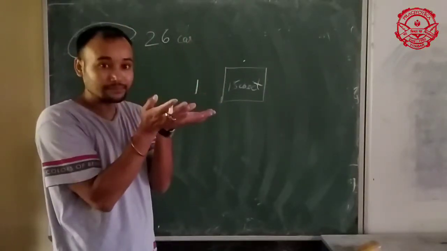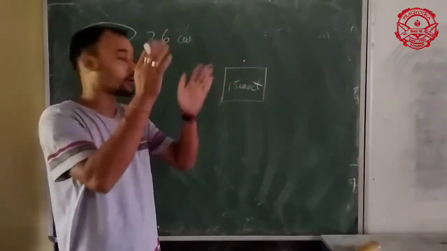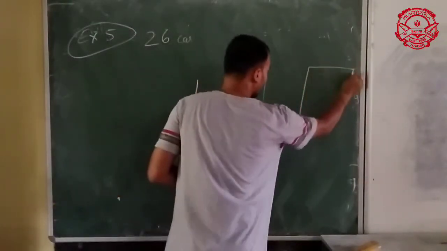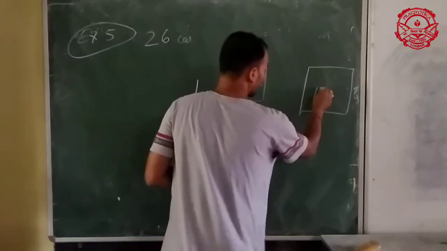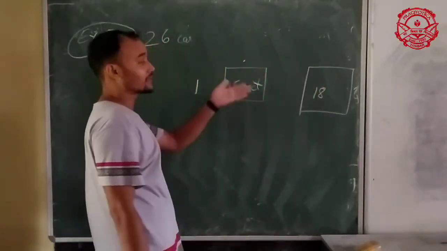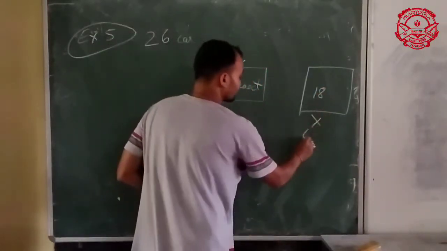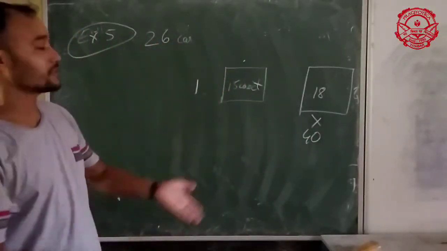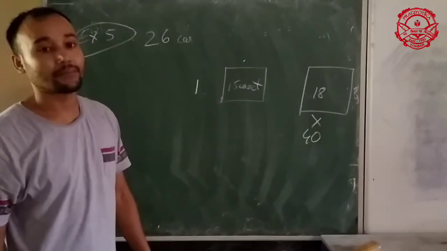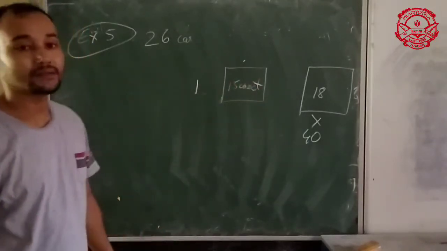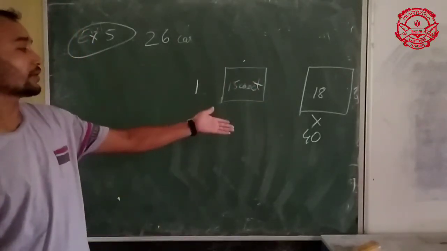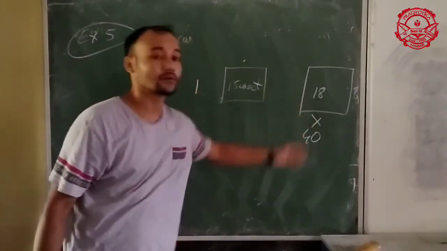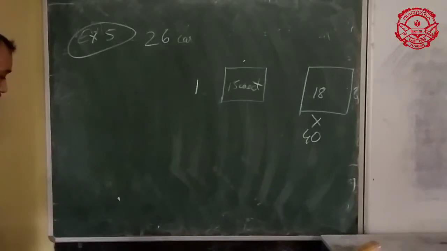In each carton, this time they will have 18 chocolates. That means earlier one carton had 15 chocolates, now 18 chocolates, and such 40 cartons. How much will be the cost of 40 boxes consisting of 18 chocolates? Calculate this, you can find this.